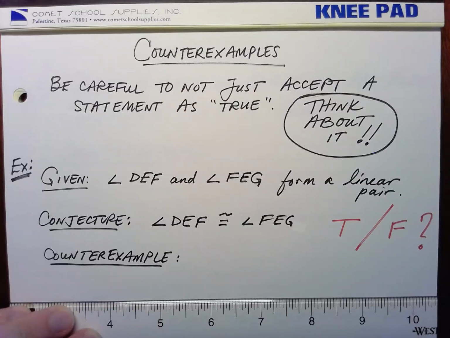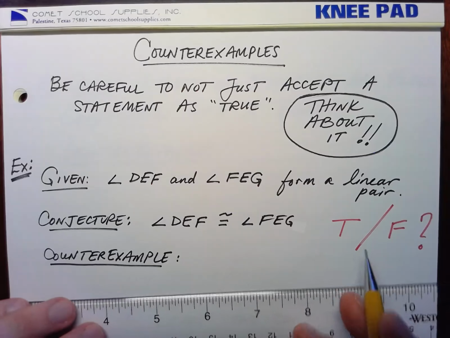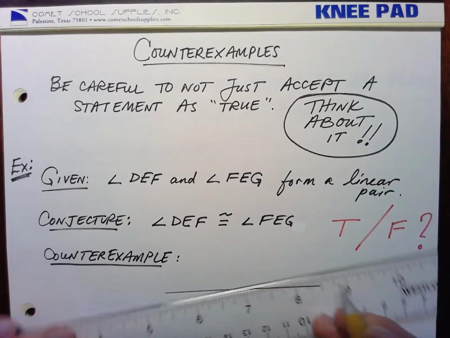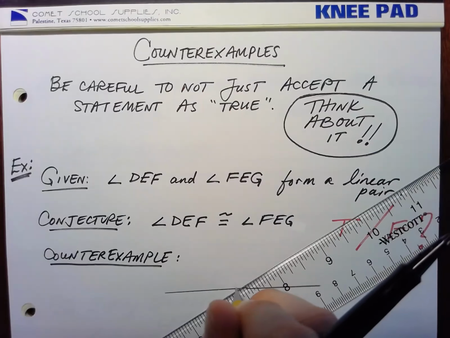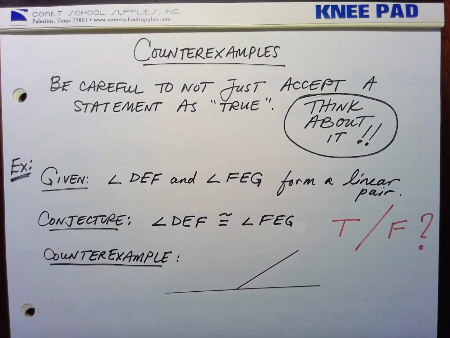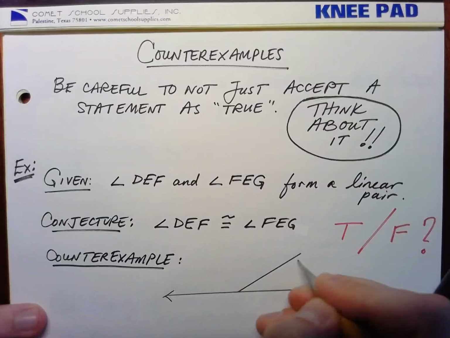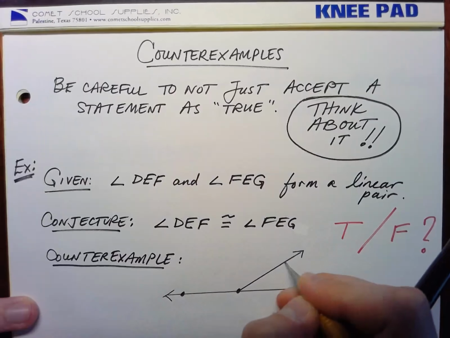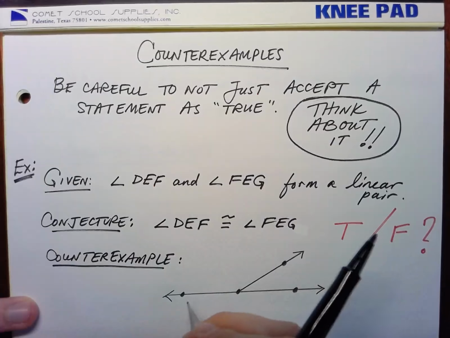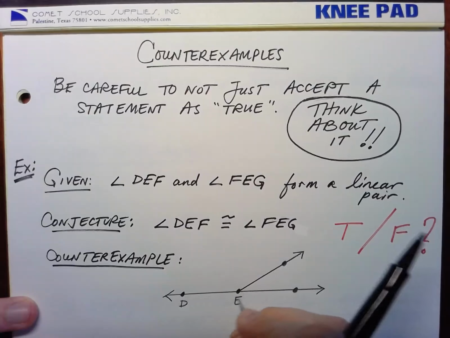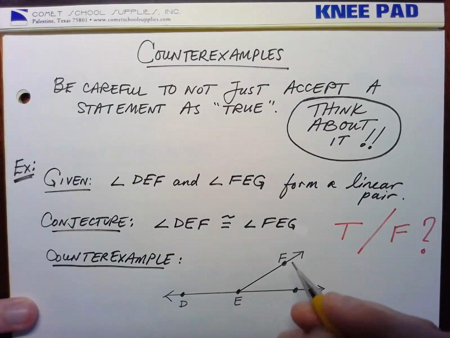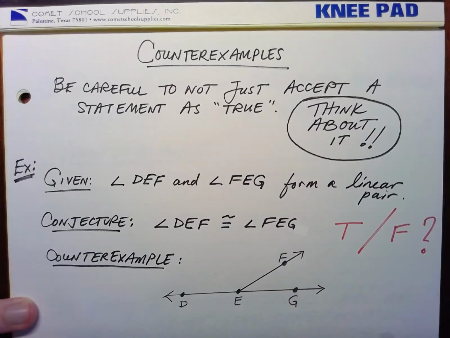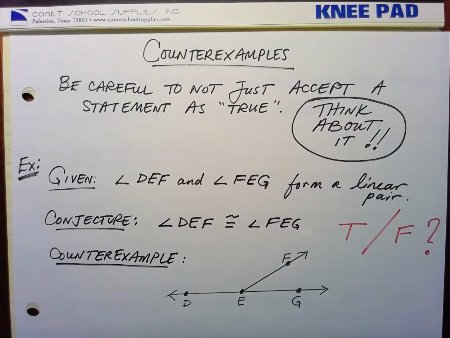They form a linear pair, so I'm just going to draw something that would work to satisfy that. Okay, so this would be all rays, and here's a point, and here's a point, and here's a point, and here's a point. So let's say that this is DEF and FEG. The diagram that I have drawn shows that angle DEF and FEG form a linear pair.